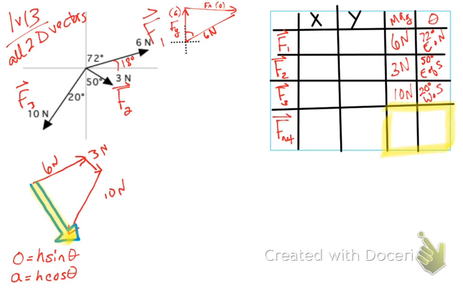So F of x is my opposite, so that means it's going to be 6 sine of 72.